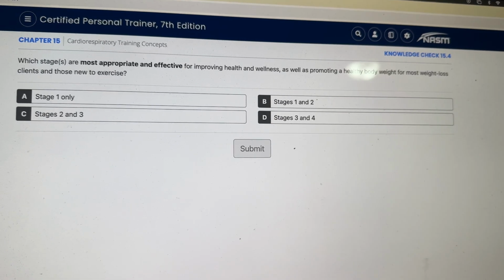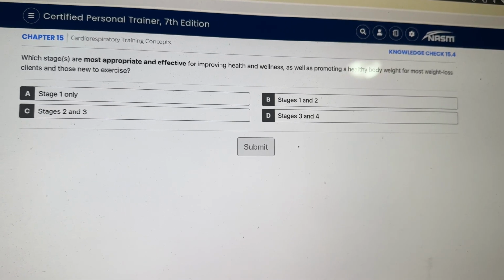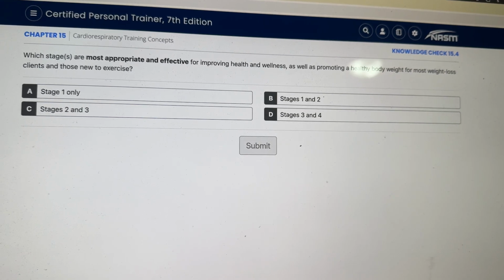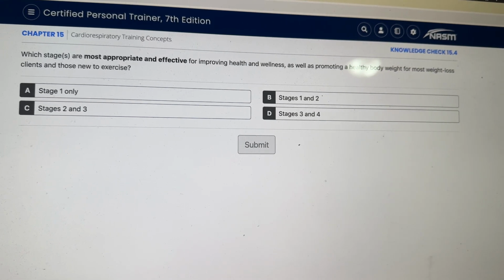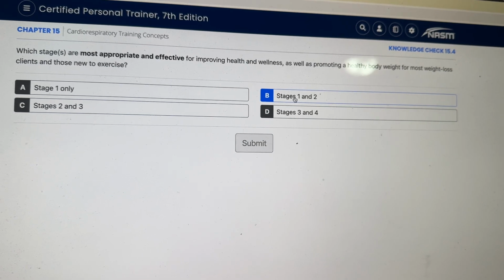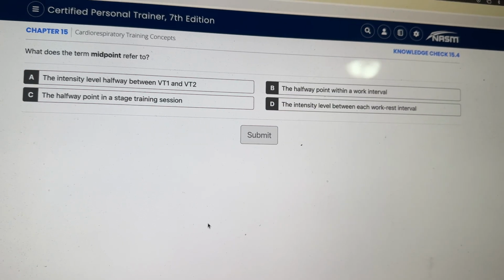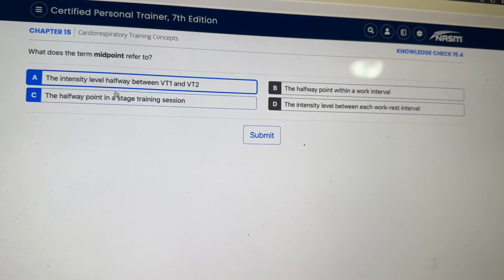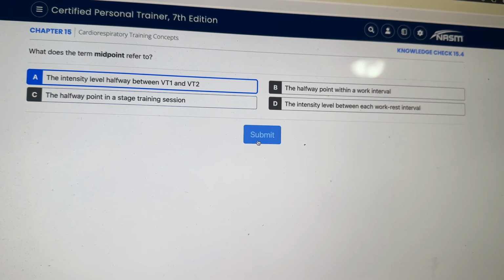Which stages are most appropriate and effective for improving health and wellness, as well as promoting a healthy body weight for most weight loss clients and those new to exercise? I'll say stages 1 and 2, or just only, it's either A or B. What does the term midpoint refer to? The intensity level halfway between VT1 and VT2.